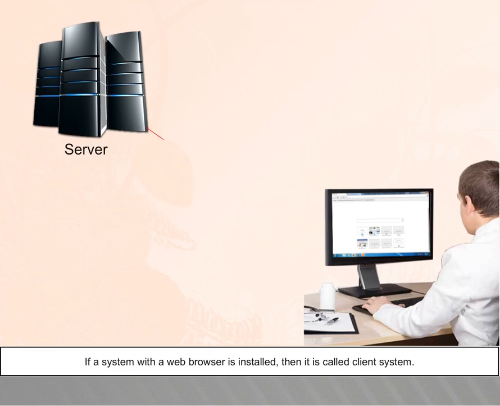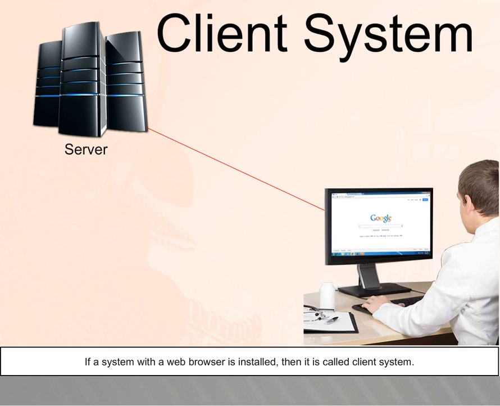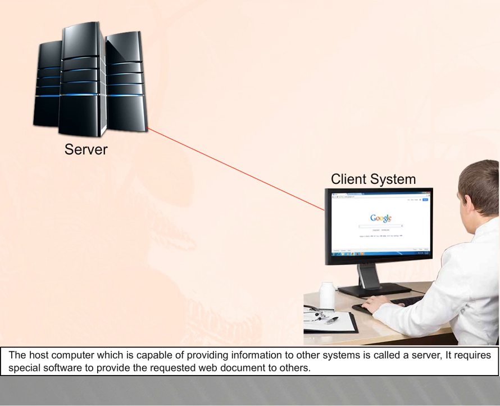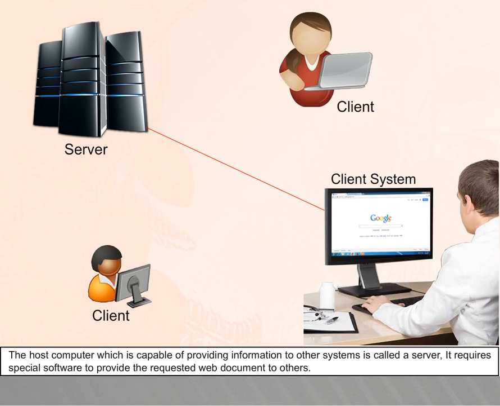If a system has a web browser installed, then it is called a client system. The host computer, which is capable of providing information to other systems, is called a server. It requires special software to provide the requested web document to others.